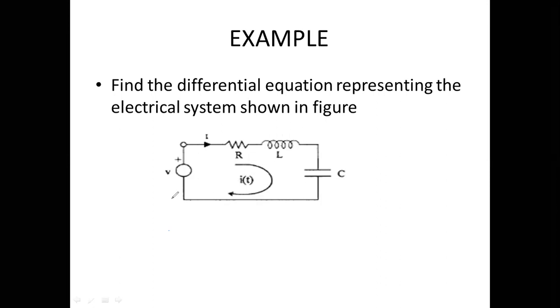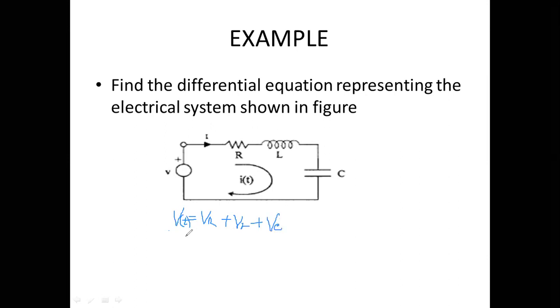The applied voltage V of t is equal to the sum of the drops across these three elements: the voltage across the resistance, VR, plus the voltage across the inductor, VL, plus the voltage across the capacitance, VC.